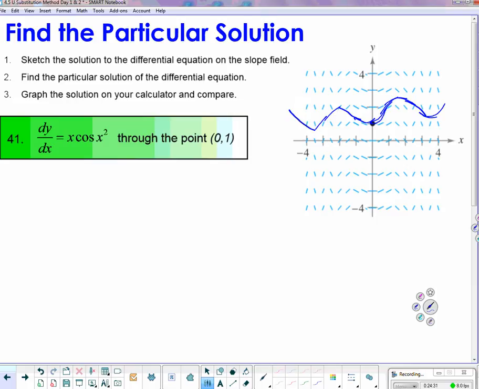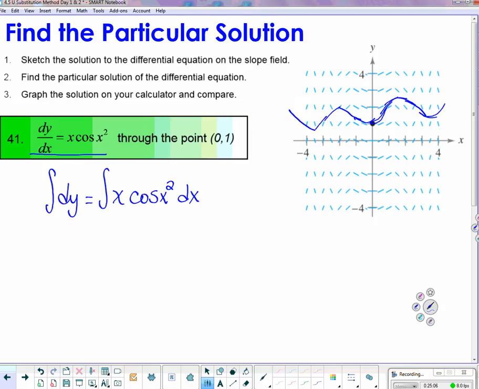So, all right, if we want to find the particular solution, here's the equation that gave us all these little hash marks, right? If I checked out a point, it would give me the slope at that point. We are going to integrate this dy dx. So I'm going to move my dx over to the other side. And I want to solve this, so I'm going to integrate both sides.